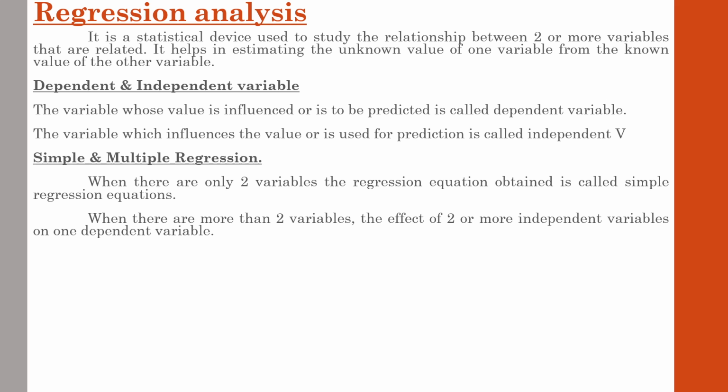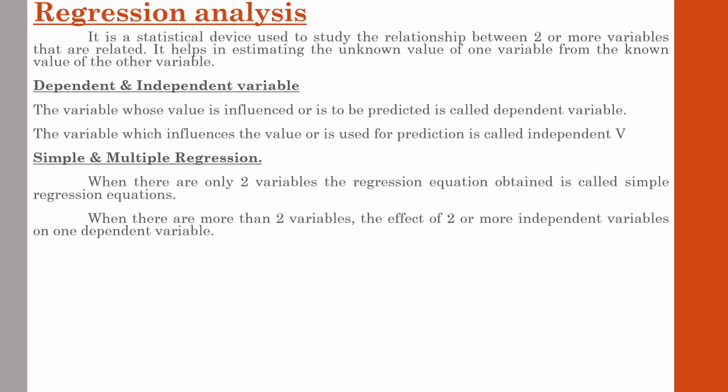In multiple regression analysis there are more than two variables and we try to find out the effect of two or more independent variables on one dependent variable. For example, if there are three variables, say I am a cultivator or agriculturist, I usually study the yield, rainfall and temperature.